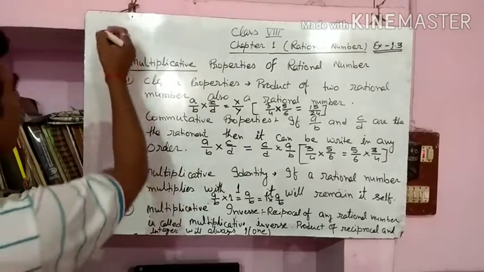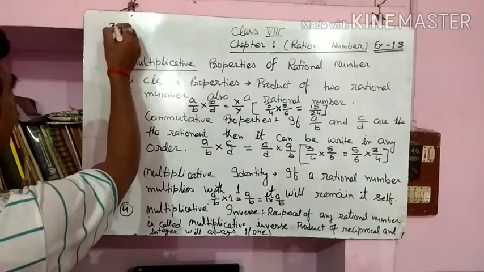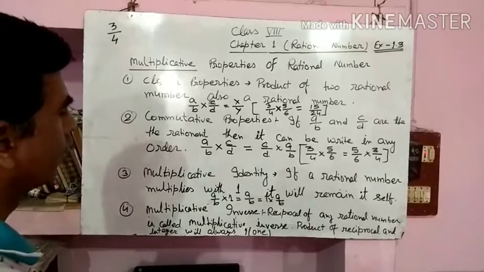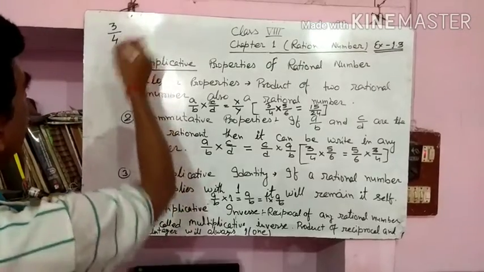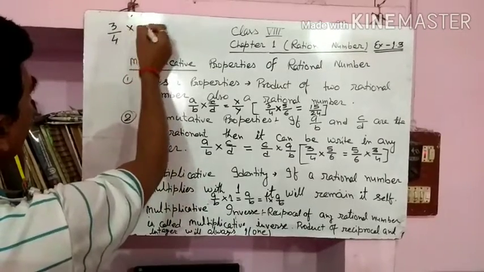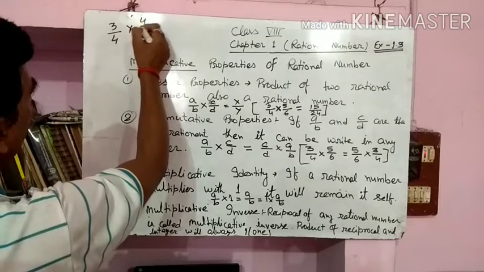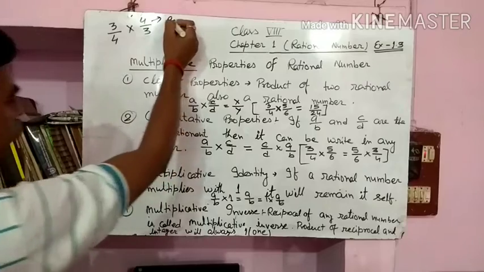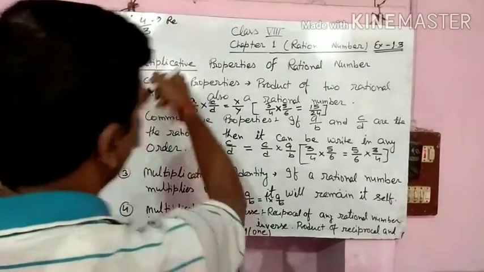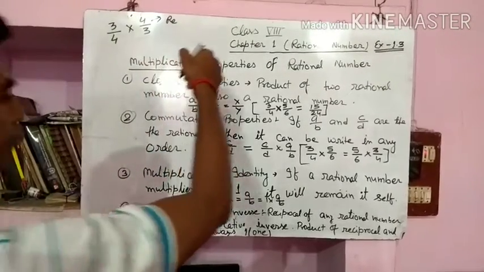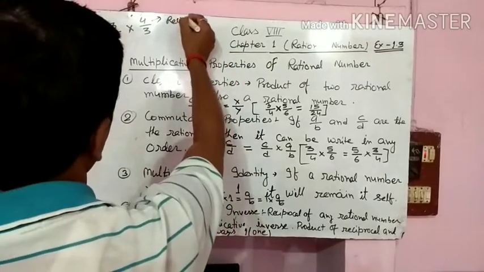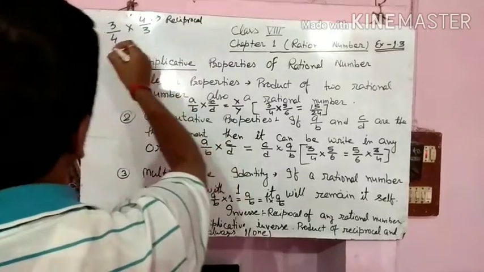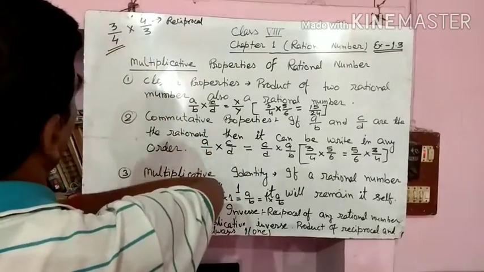Suppose we have written a number like 3 by 4, and the reciprocal of 3 by 4 is 4 by 3. This one is the reciprocal of the given number.